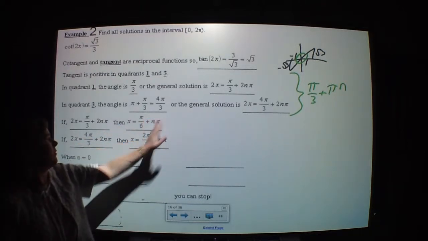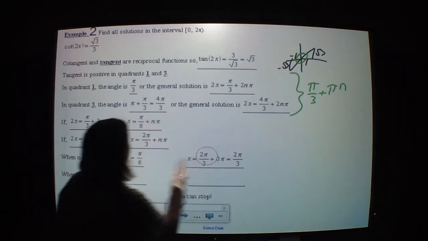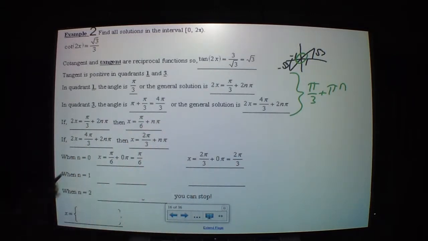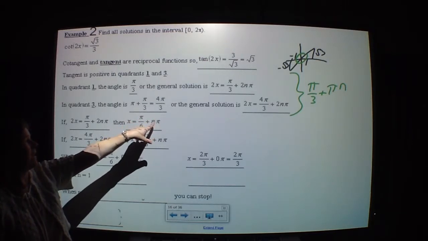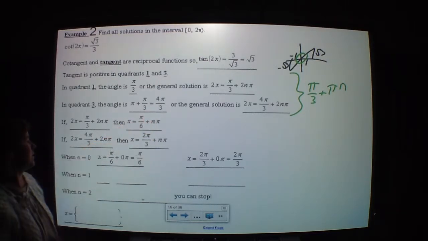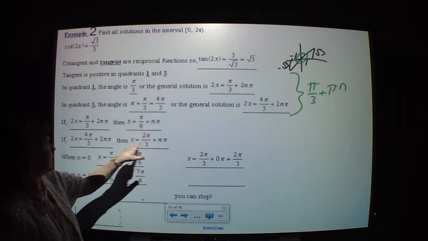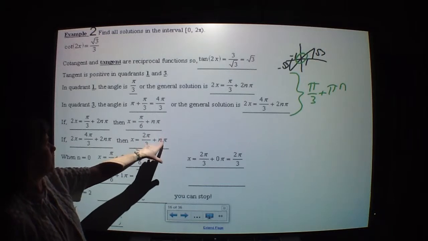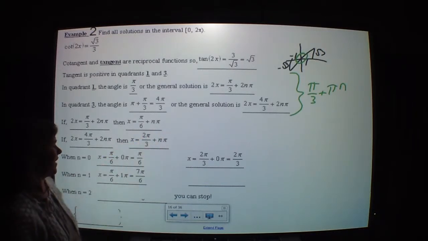When n is 0, I just have the 2 angles. Okay? When n is 1, I'm adding pi here, so I have pi/6 plus pi, or 6 pi/6, which gives you 7 pi/6. When n is 1 here, I have 2 pi/3 plus pi, or 3/3 pi. 2 plus 3 is 5.